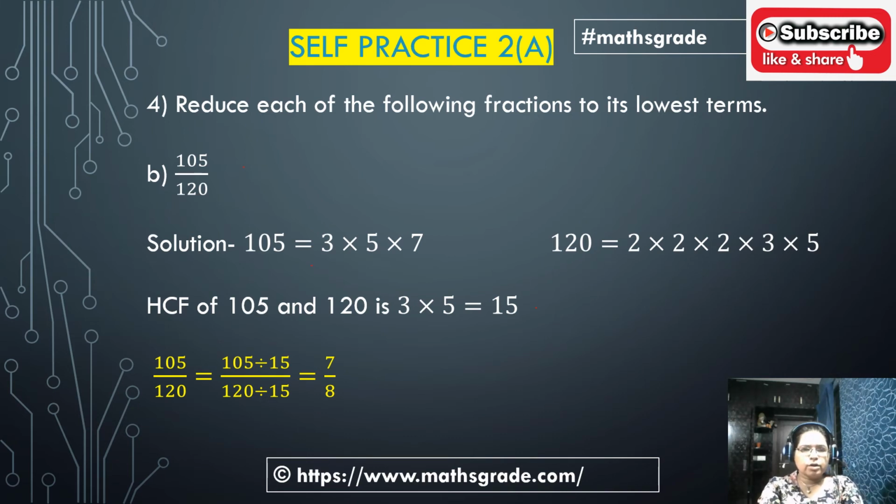So when we reduce a fraction into its lowest form, first we have to find the highest common factor, and then we have to divide the numerator and denominator by that highest common factor. The fraction that we get after dividing is the lowest form of that fraction.